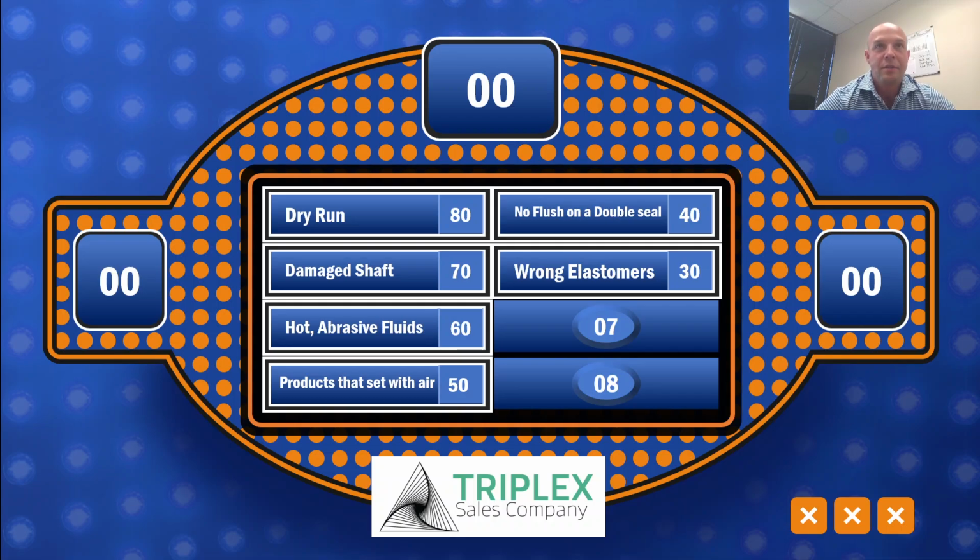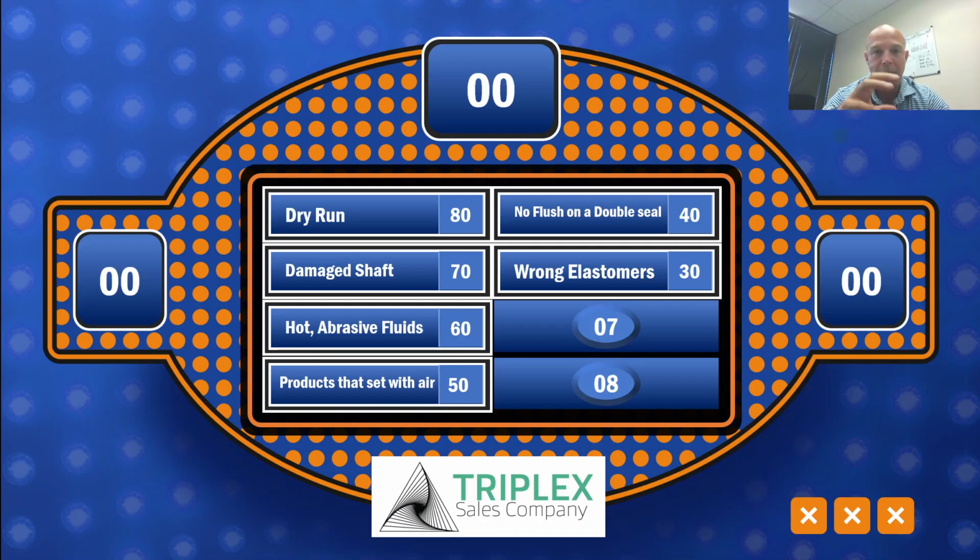Next, wrong elastomers. So the elastomer in a single O-ring seal, that's all you've got. You just have an elastomer or an O-ring that's forming your seal. And obviously, if we don't choose the right material, if we use EPDM with an oil-based product, or maybe use Buna in a really high temperature application, we're going to see a reduced seal life. Even in a single mechanical seal, we have shaft O-rings that play an integral part in sealing.